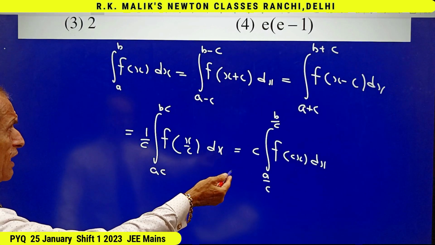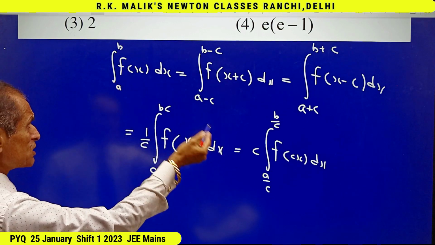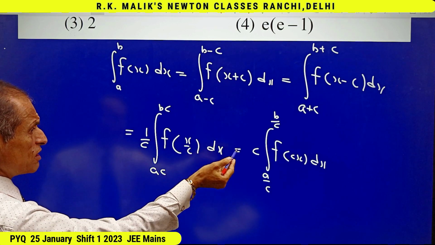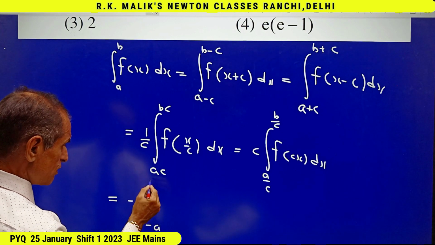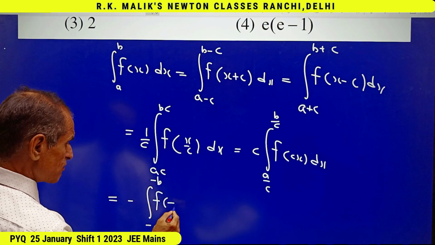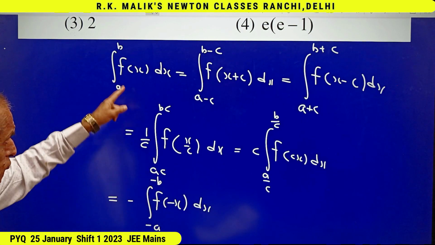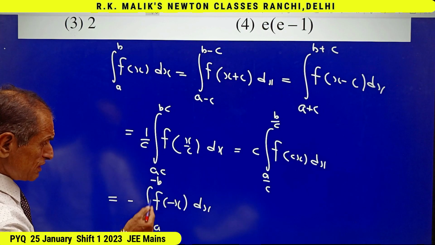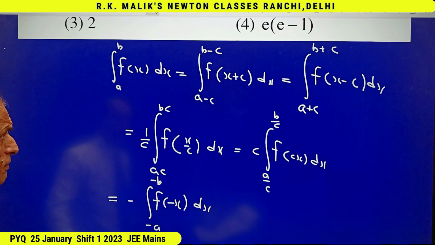And a particular case of it is that sometimes we have to bring minus x for x, that is c is minus 1. Obviously it will become minus a, minus b, f(minus x) dx. That is, if you are required to bring minus x for x, then you will write minus a, minus b and minus outside. All these formulas are very useful, and I'll be using them because they make our solution simple and short both.